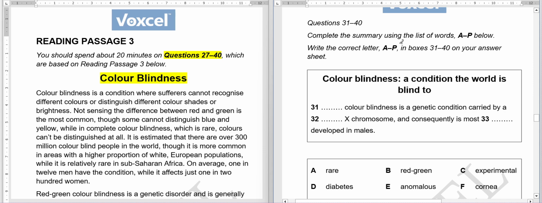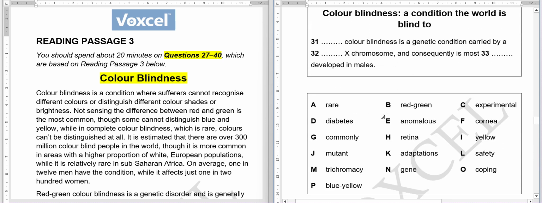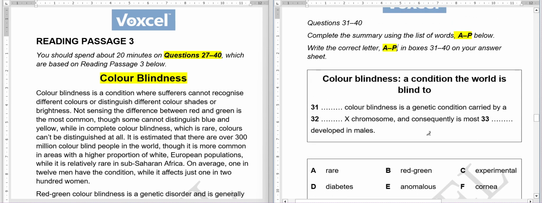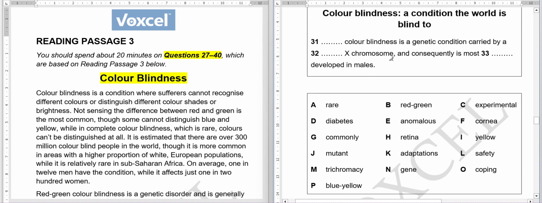For 31 to 40 you are given a list of words A to P, and you have to write the correct letter A to P. For this I have divided it into different parts, because actually it was all in one box, like 31 to 40. But for this particular instance I have divided it into separate sections, because it was too big and I was not able to show you all the options.